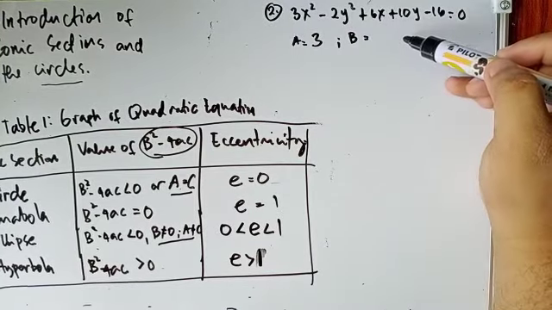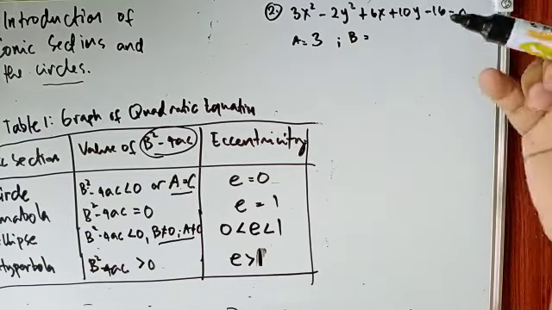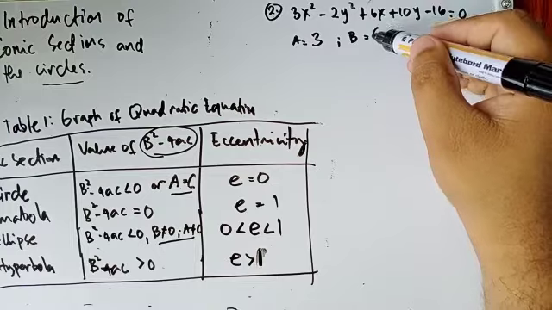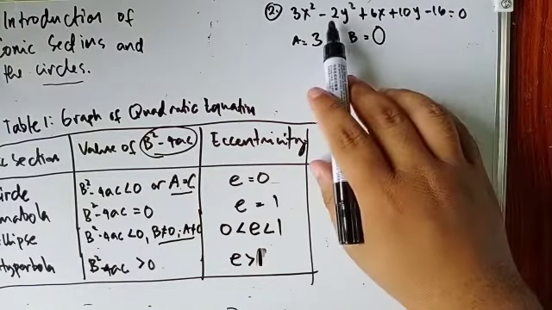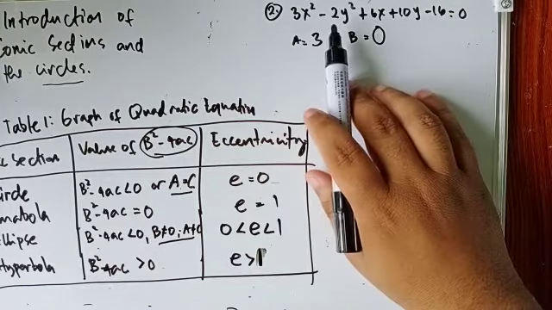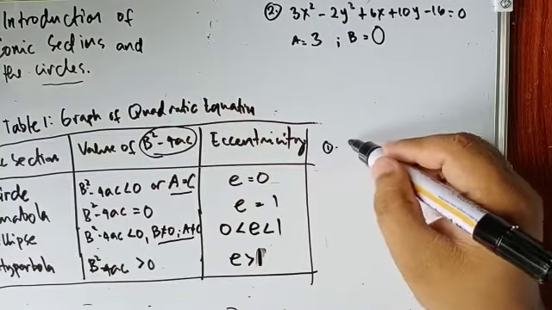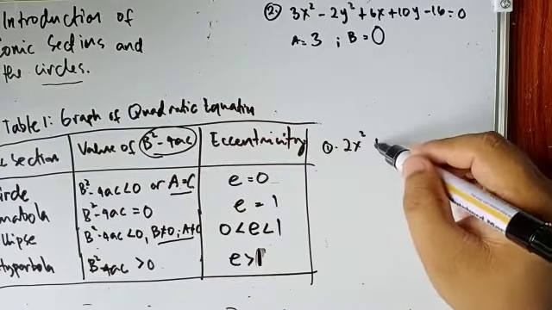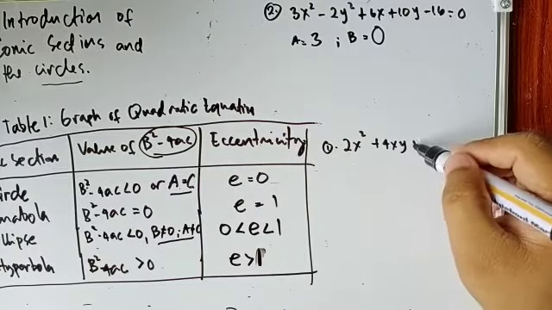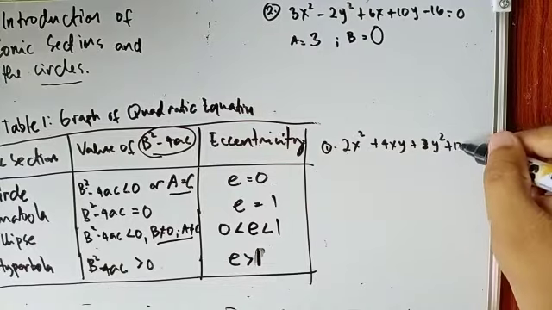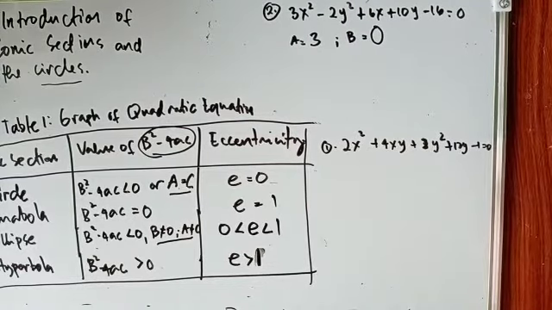Ano sa tingin nyo? Actually, yung value ng B natin dito is equal to 0. Again, bakit hindi negative 2? Take note, kanina kasi yung problem natin is ganito: 2x squared plus 4xy plus 3y squared plus 12y minus 1 equals 0.